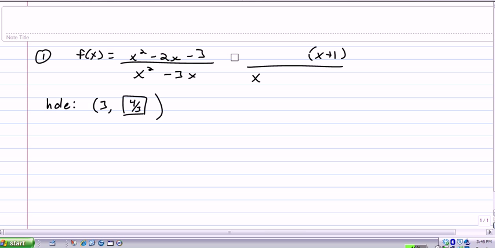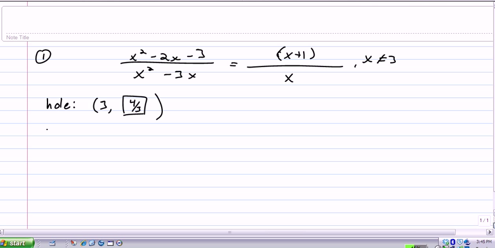I'm going to get rid of this equal sign because they're not really equivalent anymore. They would be equal so long as we said, hey, x does not equal 3. Blank equals blank so long as x does not equal 3. So this is kind of that post-cancellation.